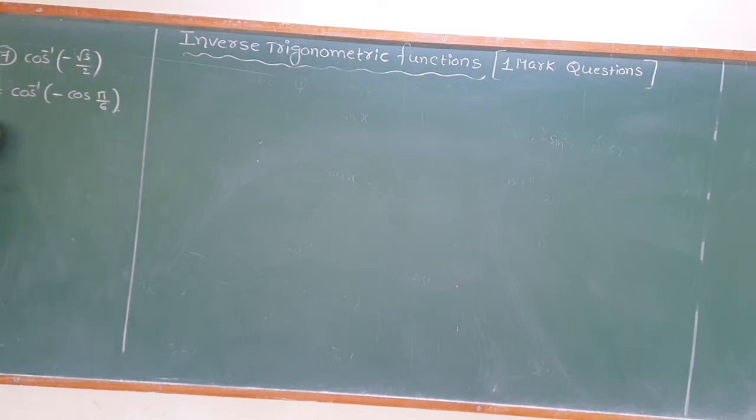So we have the formula: minus cos theta can be written as cos of 180 minus theta. That equals cos inverse of cos of pi minus pi by 6, that is 5 pi by 6. Then cos inverse and cos cancel, so the answer is 5 pi by 6 for question number 7.